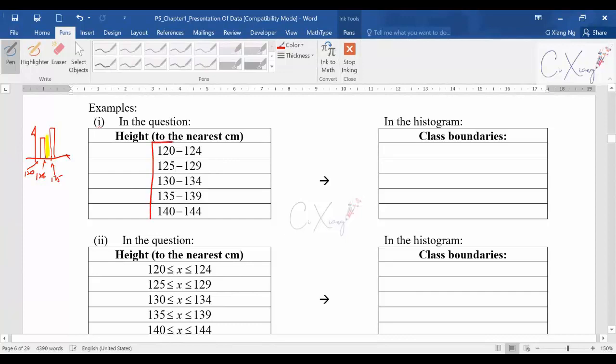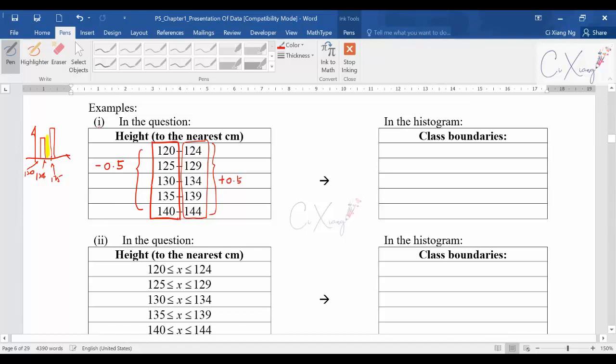When you want to do the adjustment, all the starting values for every single class, you minus 0.5. And all the numbers at the end of the classes, you plus 0.5. In general, we do it like that.